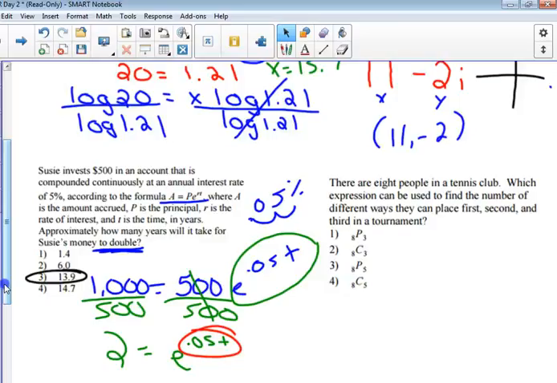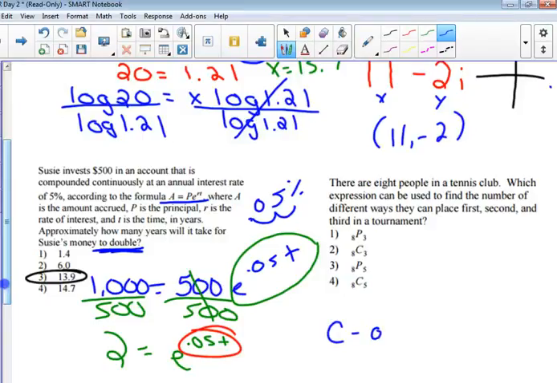So in here, there is a huge key and clue, okay? Anytime you guys are looking to see how many ways people can come in, or be formed, chosen, come in first, second, third place, you're either using combinations or permutations. So the idea behind them is if you have a combination, does the order matter?